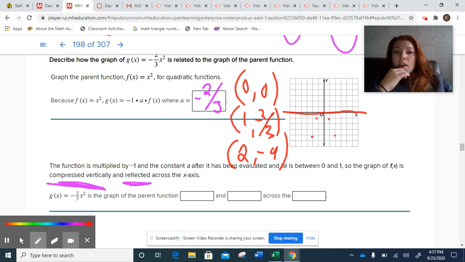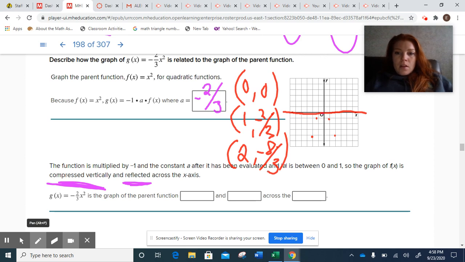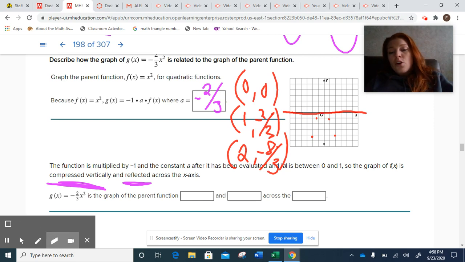It's going to be 8/3. Okay. So I'm going to erase this one and write 8/3. Yuck. Okay. So let's go ahead and switch some of these points out. So 1 and then 2/3.